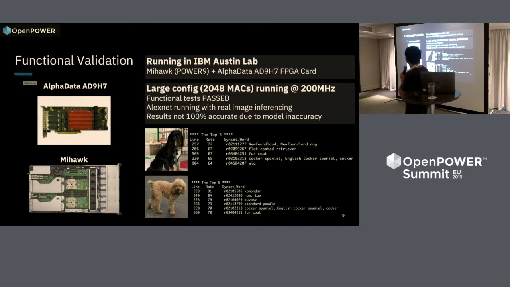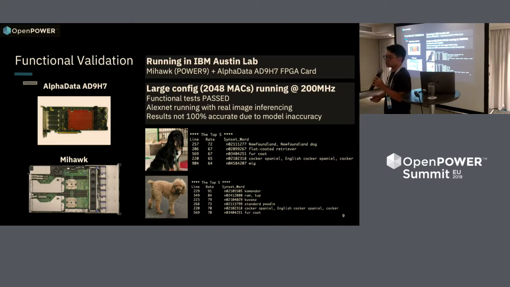Right now we are running with a large configuration of NVDLA, which has 2048 MACs, and the clock frequency is 200 megahertz on our FPGA. All the functional tests have passed, and we also try to run AlexNet on some pictures.